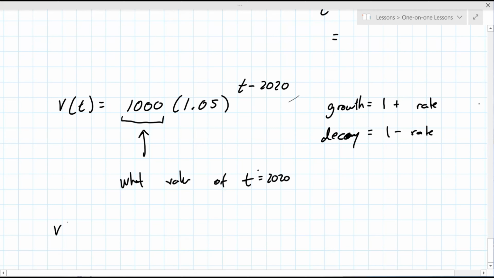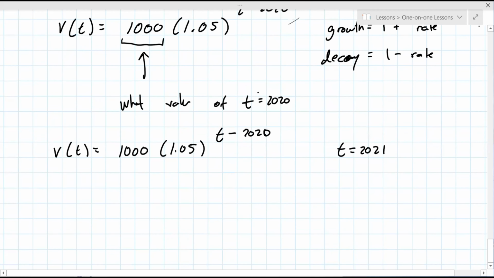Now, we haven't done this yet, but this is totally reasonable. I could ask you to figure out the value of the scholarship in 2021. And you might think, why, I can't do that, Matthew, I don't have a calculator. Well, this is a common thing for them to ask you. It's totally reasonable because it's just one exponent here.